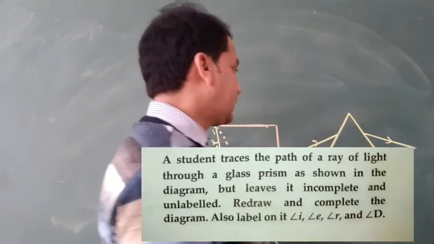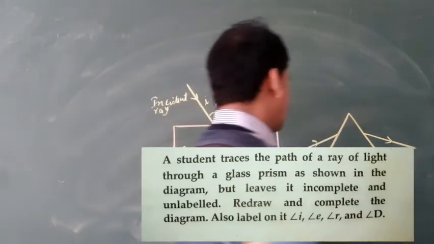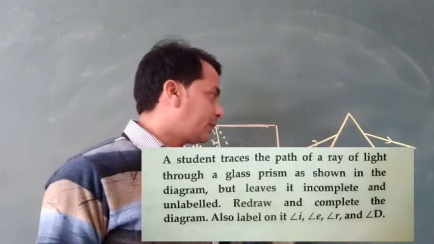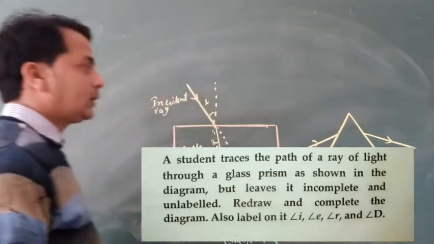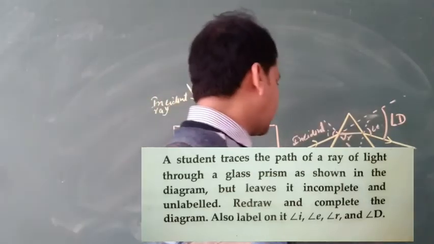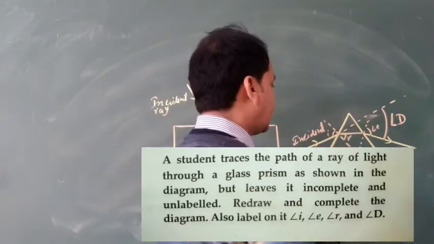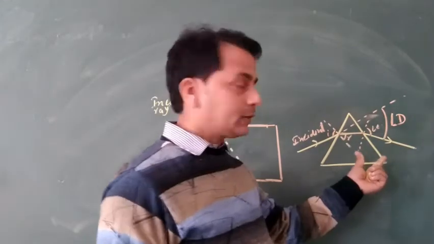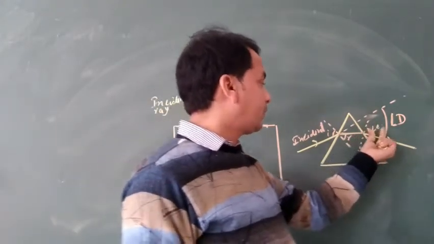Here is the incident ray, and the ray of light travels from air to glass. The ray of light bends towards the normal. So here is the complete ray diagram: the incident ray with the angle of incidence I, the angle of refraction, and the angle of emergence.